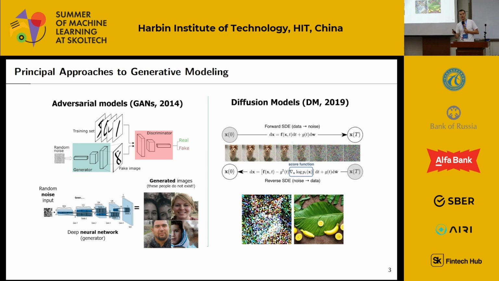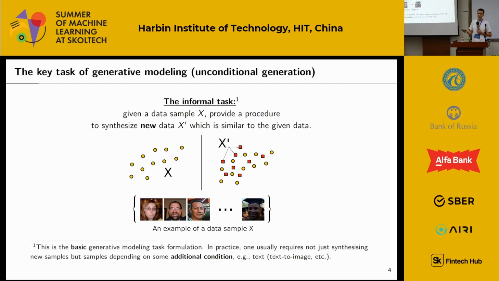So during the previous lecture with you, we discussed how diffusion models are applied to classical generative modeling problems. The simplest generative modeling problem which is approached by diffusion models is the problem of unconditional data generation, which informally can be stated as a problem of resampling your data set.